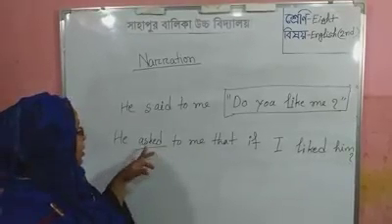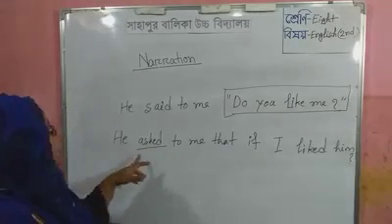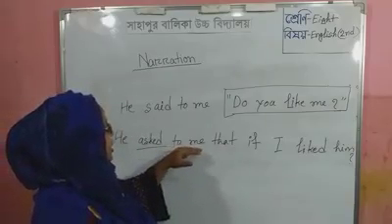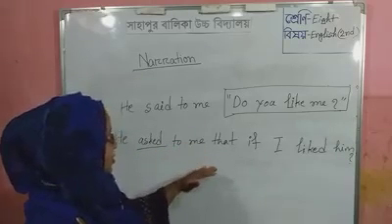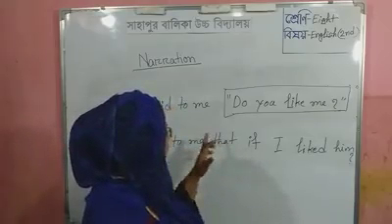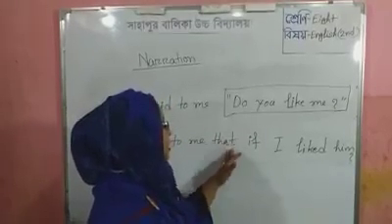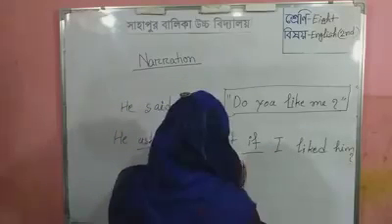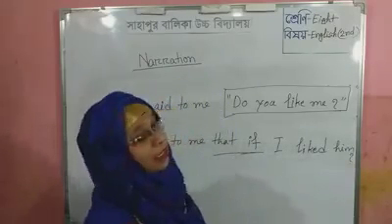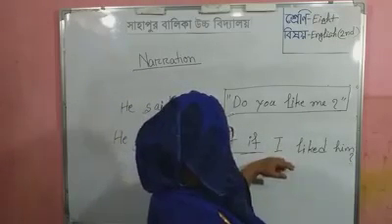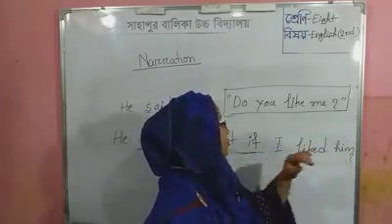asked as the reporting verb. We use asked as the reporting verb, and after that we get to me as an object, and that is the connective word, and if is another connective word for the sentence. We change it: I liked him.